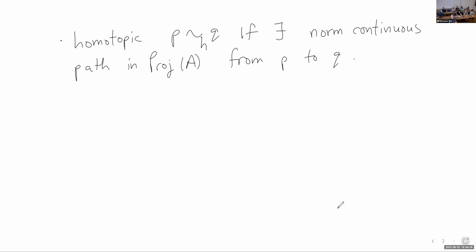So the basic proposition, which I'll now state but I won't get into the proof, just for reasons of time, it's not hard, is that first of all, these are equivalence relations.